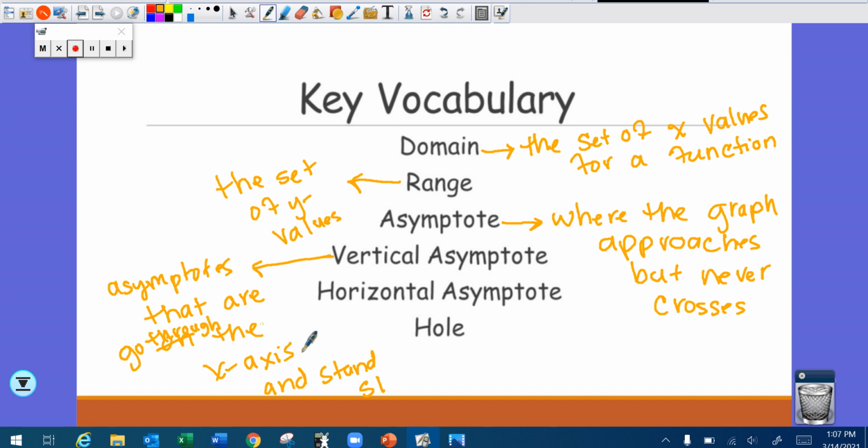And I'm going to show you. Here's an example. Let's say I have an asymptote at x equals 4. Then I would go to the x-axis, go to 4, and then I would draw a dotted line through that and say this is my asymptote at x equals 4. And that's called a vertical asymptote. And the way you can remember it, vertical means to stand straight up. Stand straight up, like you're a vertical being.